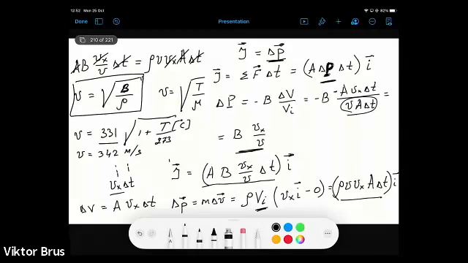Okay, so this is what I wanted to tell you about the introduction of sound waves, finding the relationship between the displacement and pressure, the excess pressure in a sound wave.